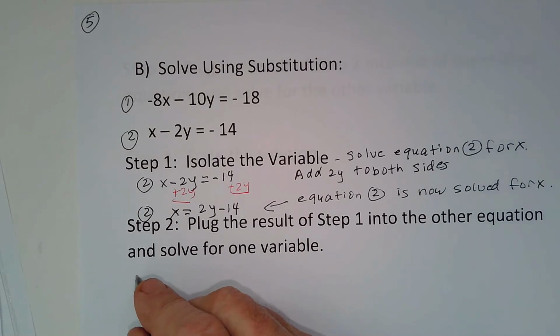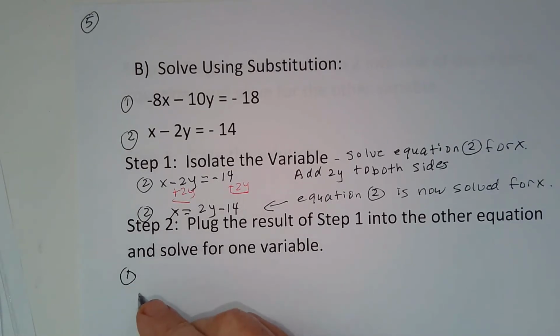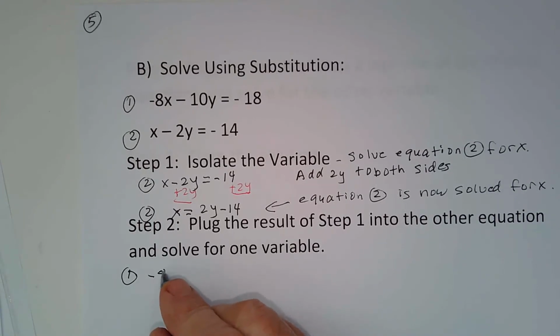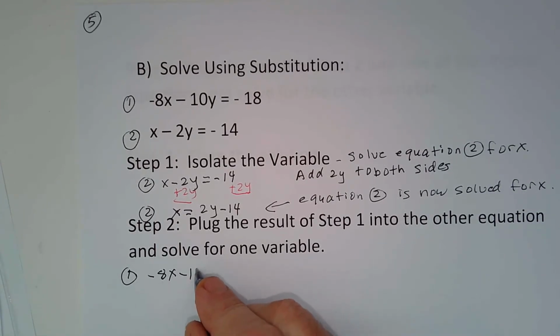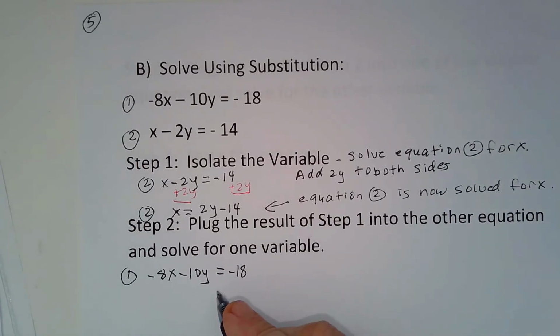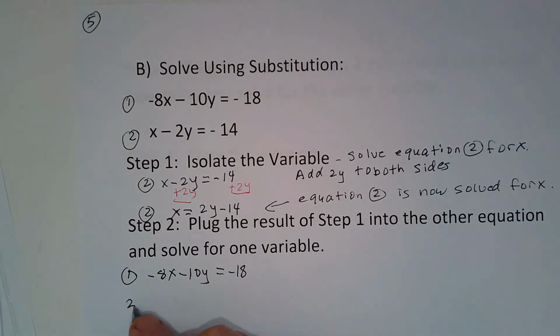So we're going to then plug that result into the other equation and solve for one variable. Okay, so I've got equation 1 again. Equation 1 is negative 8x minus 10y equals negative 18. And equation 2 was x minus 2y equals negative 14.